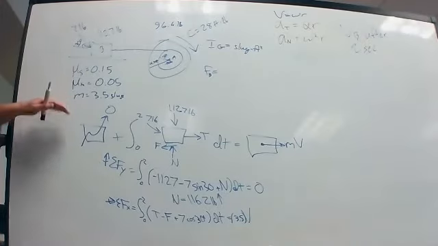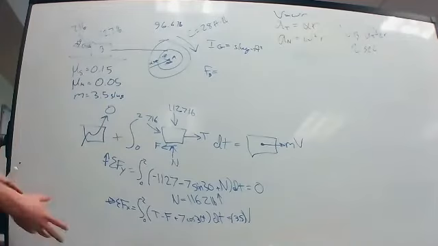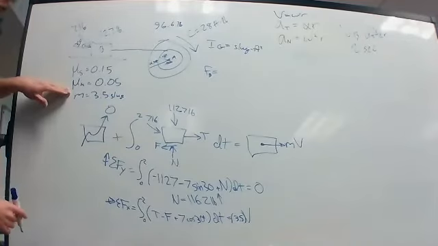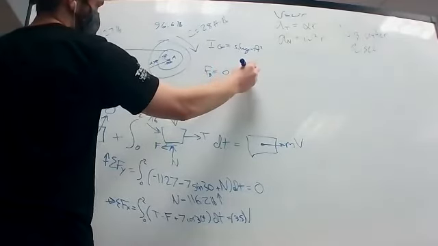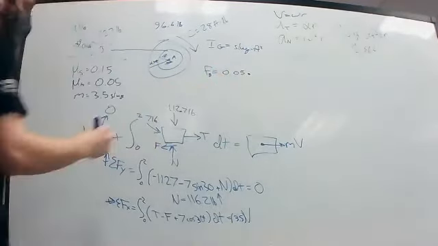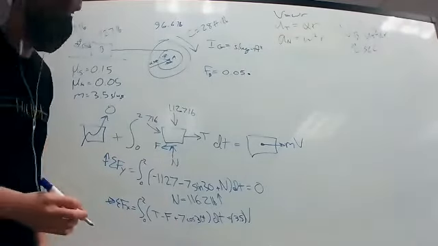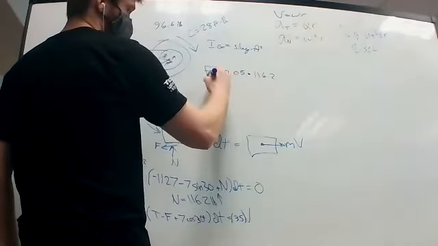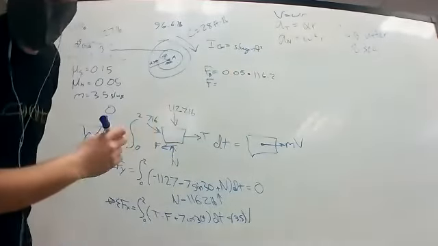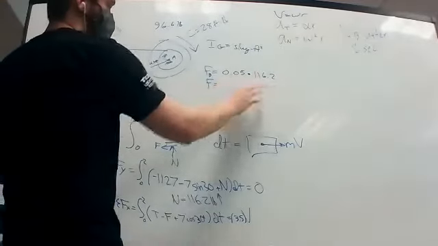Since it's moving from 0 to 2 seconds, we use the kinetic friction constant, so it'll be 0.05 times the normal force, which we found as 116.2. So friction there is going to be equal to, well, they don't say what it is, they just plug it in as this.